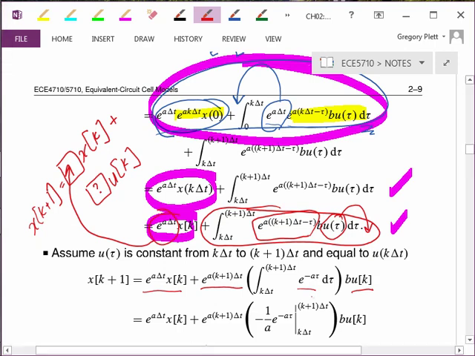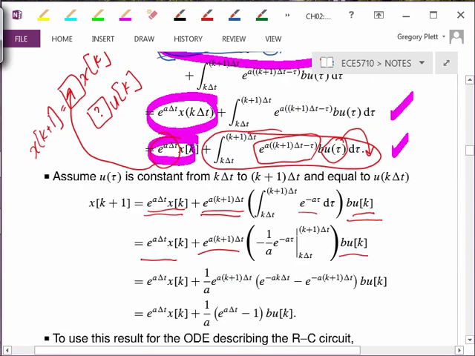Now I look at that integral and evaluate between those limits. So that stays the same, that stays the same, that stays the same. And integrating e to the minus a tau between limits is minus 1 over a e to the minus a tau between those limits.